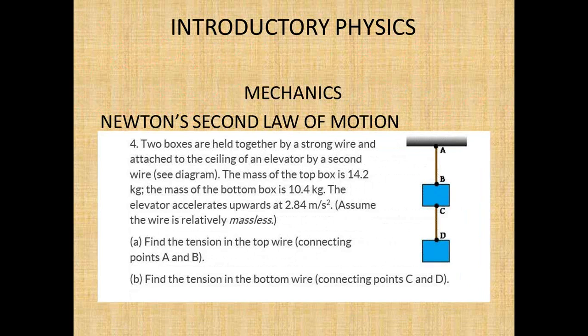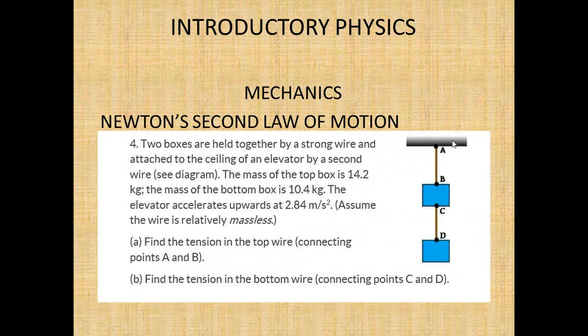The mass of the top box is 14.2 kilograms. The mass of the bottom box is 10.4 kilograms. The elevator accelerates upwards at 2.84 meters per second squared. Assume that the wire is relatively massless.